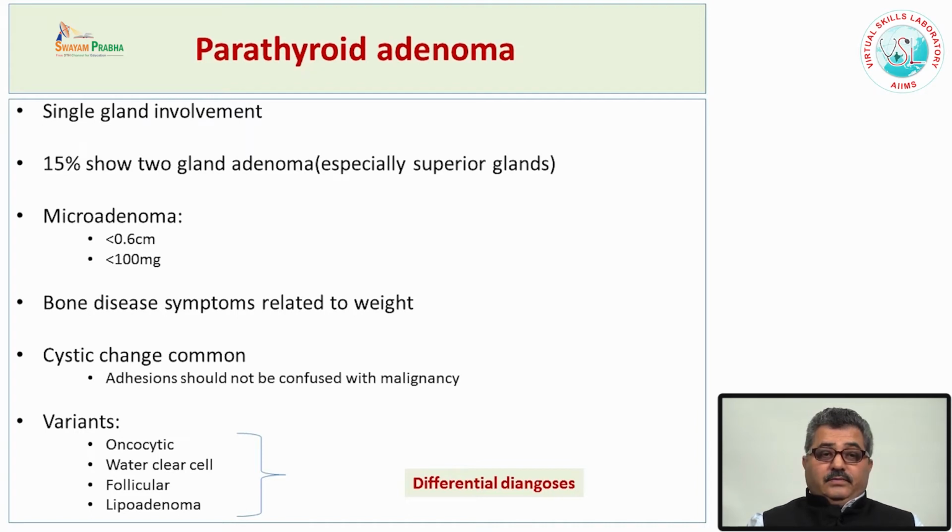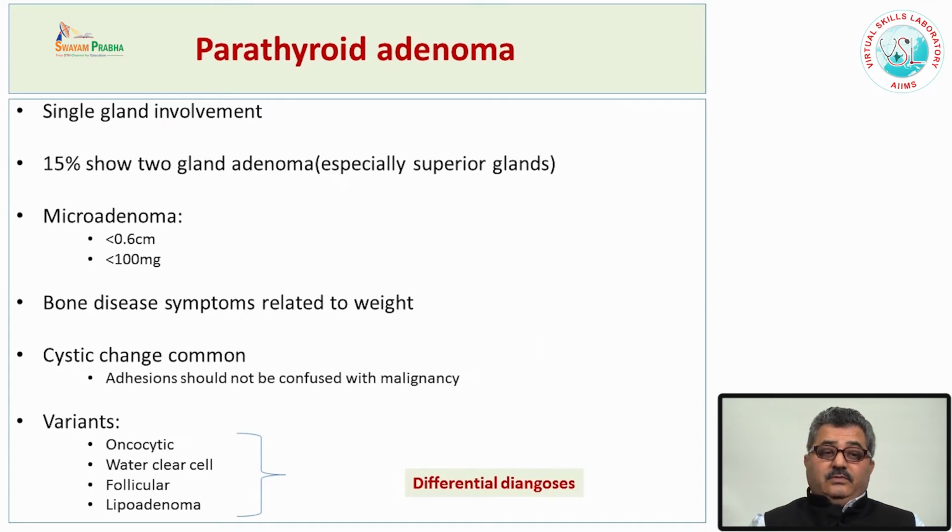Microadenomas are the types of adenomas where the size is very small. The size is less than 0.6 centimeter, or the weight is less than 100 milligrams. Of the symptoms, the bones are commonly involved, and there are studies which have shown that the symptoms related to the bones are directly proportional to the weight of the gland.